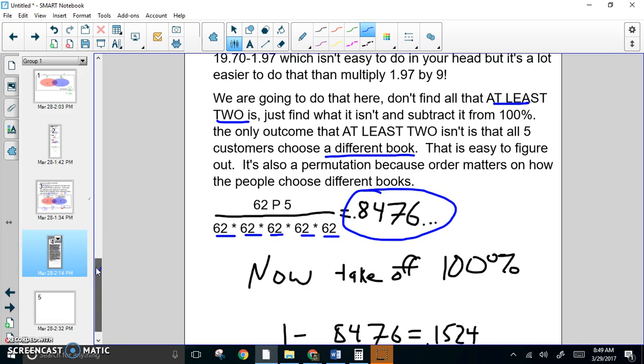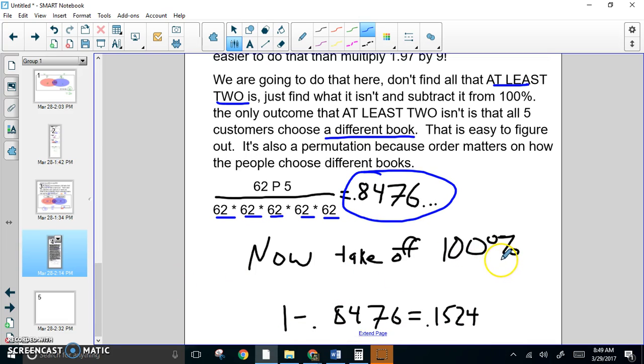That is what at least 2 isn't. Now take it off 100%. So 1 subtract 84.76% and you get 15.24%, or 0.1524 if you write it as a decimal like I did.